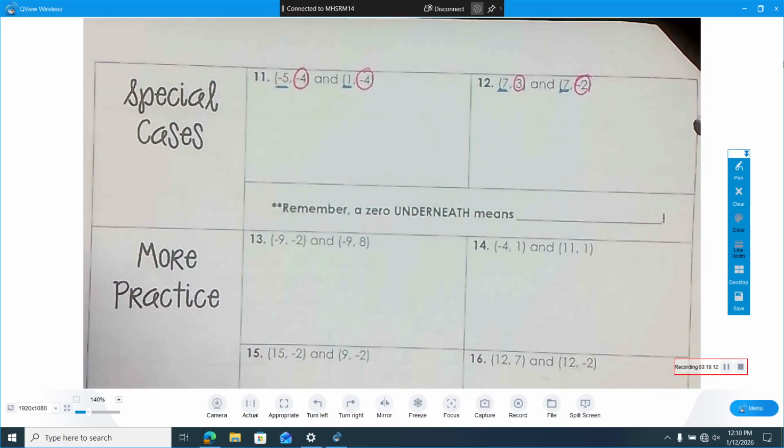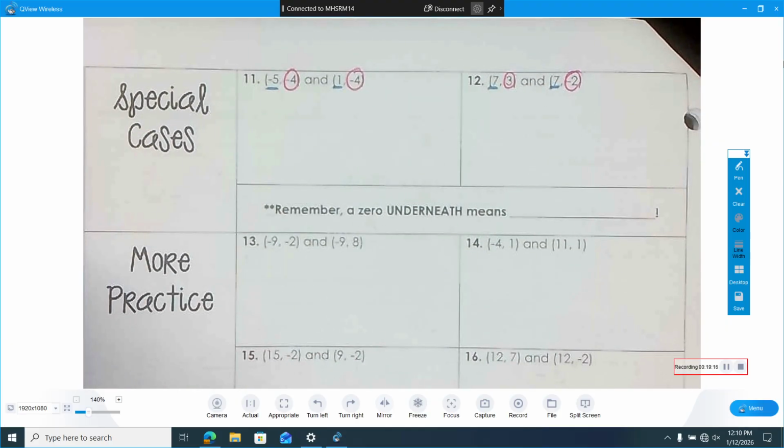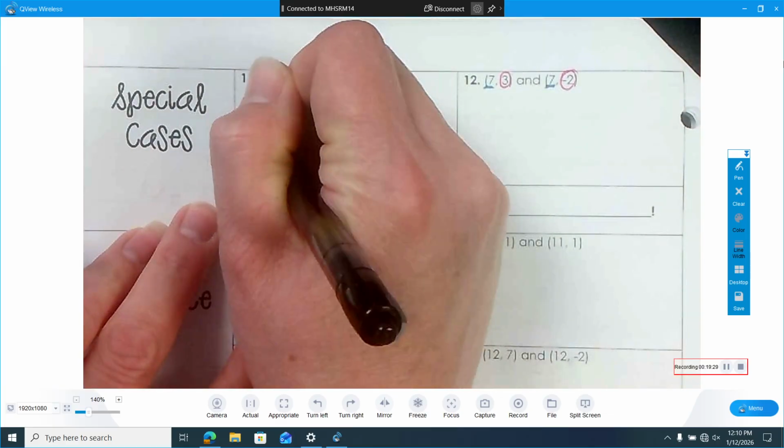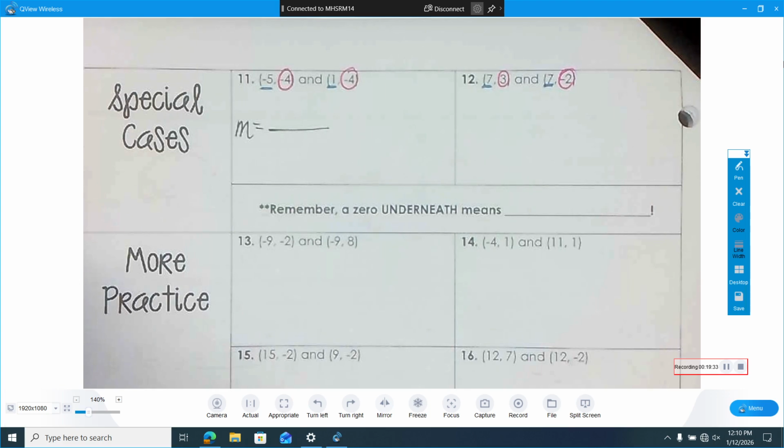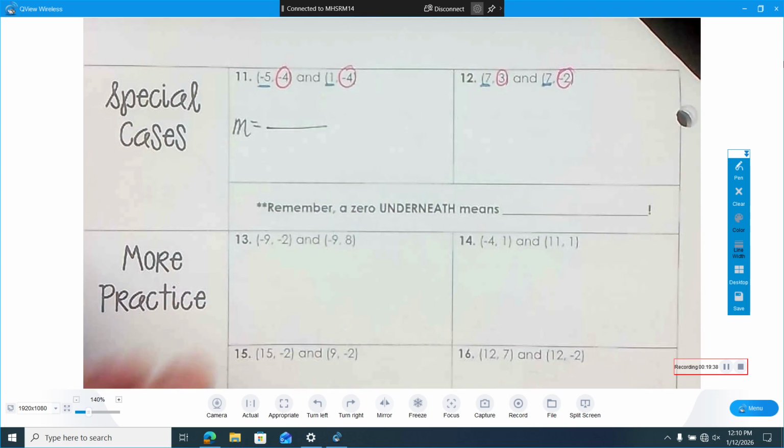All right. On special cases, Cashin, are you writing this down? Okay. All right, we have a slope. We have a fraction that we're setting up for each of these. Quiet, please. Here we go.